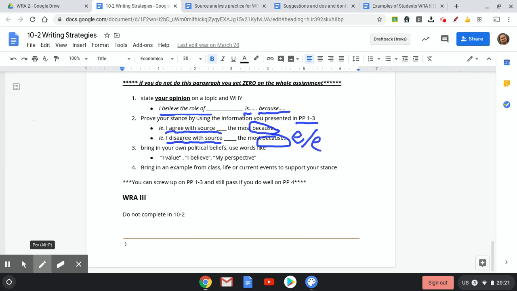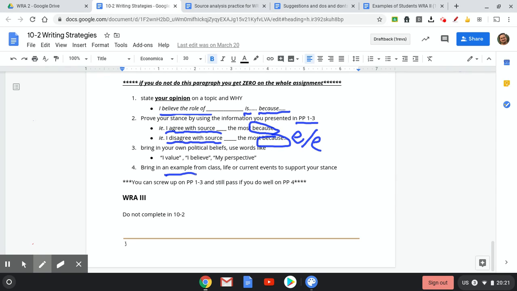Say why. You can bring in your own political beliefs here. So using words like I value, I believe, my perspective. If you can bring in an example, either from class, from your life, or current events, if you can bring in an example or a case study to support your stance, it's going to look good.